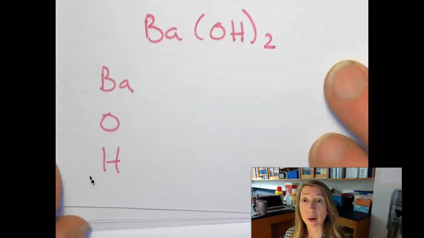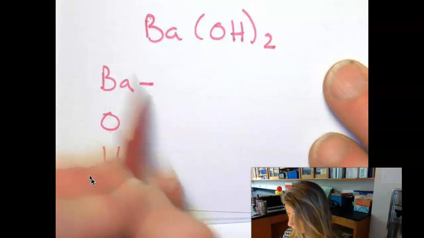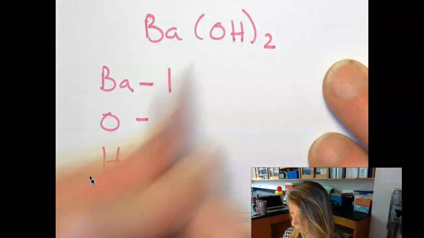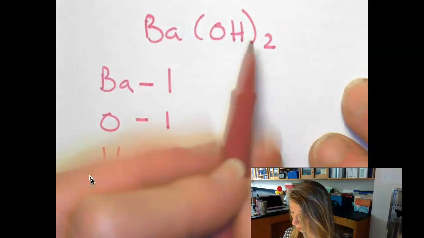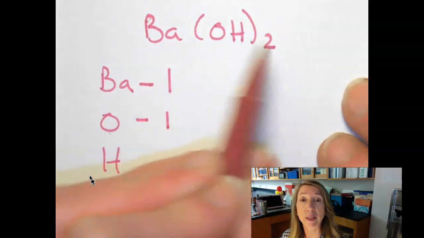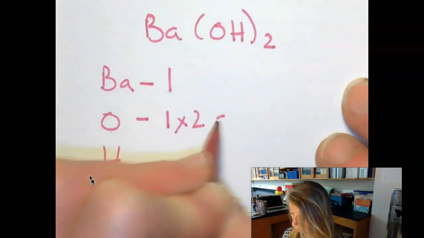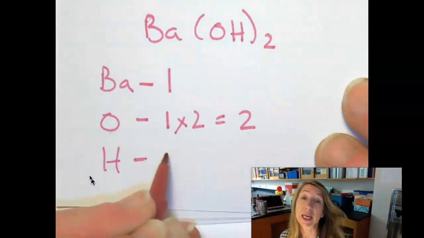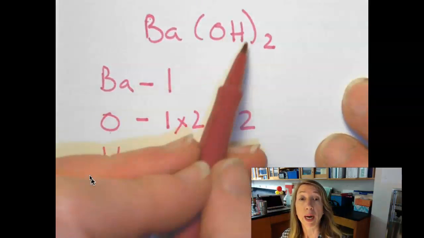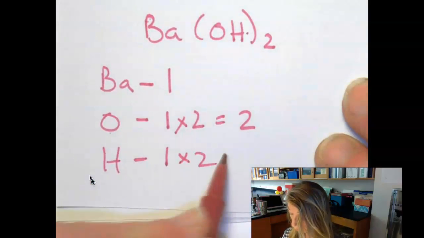We can start with the barium. Since it's not inside of the parentheses, there's only 1. Now inside the parentheses I have 1 oxygen, but we have 2 of the hydroxide ions. So 1 oxygen times 2 for a total of 2 oxygen atoms. And the same with the hydrogen. 1 hydrogen times 2 is a total of 2 hydrogens.